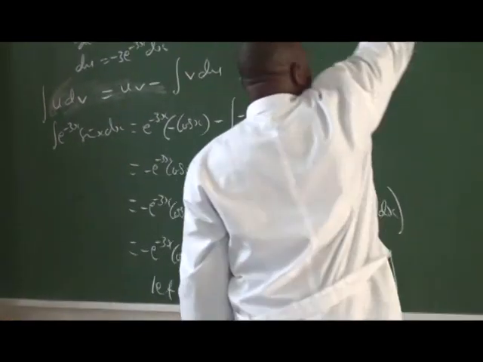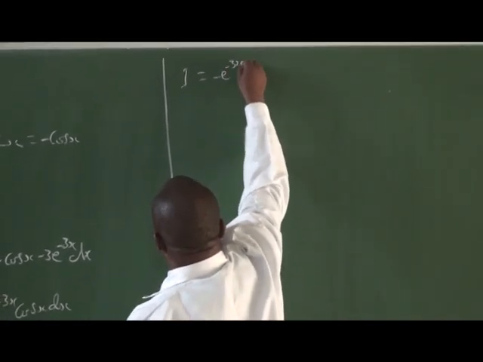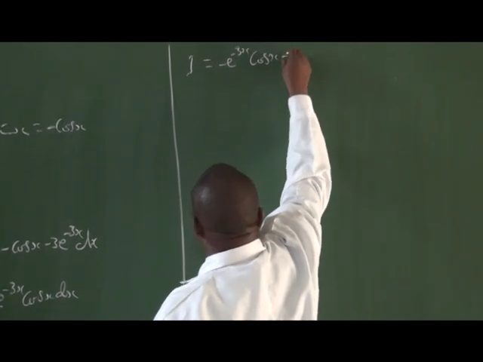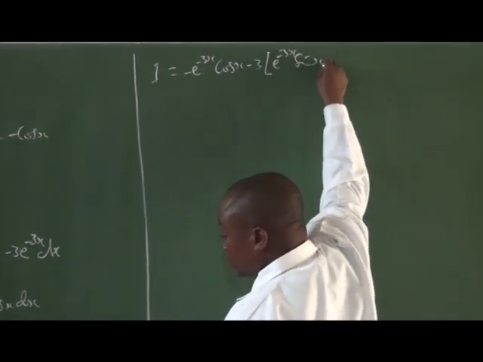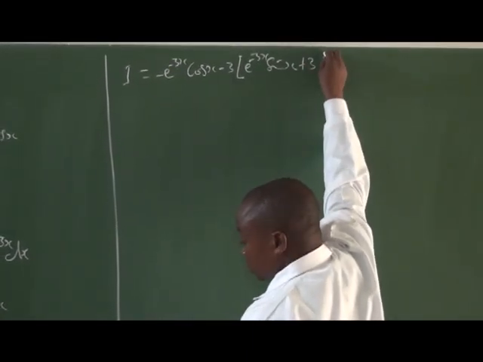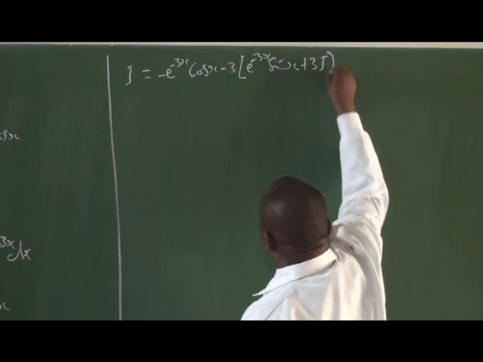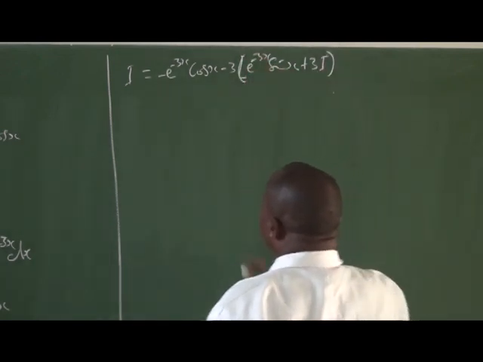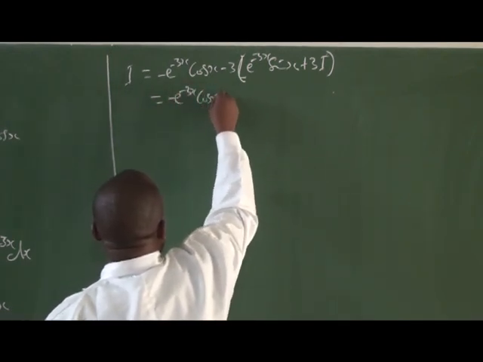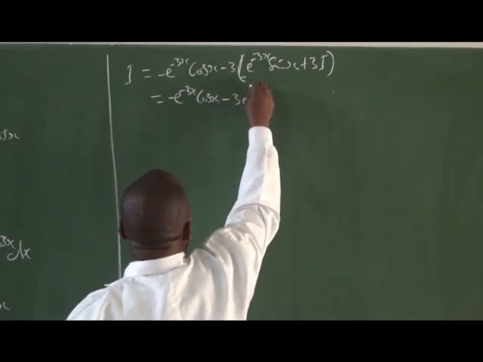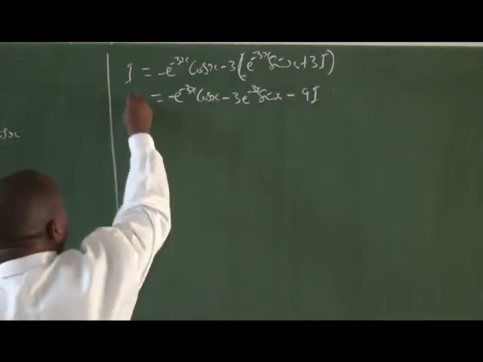So if I do that, I will be equal to minus exponential minus 3x cos x minus 3 exponential minus 3x sine x minus 9I. Okay, so I equals this.